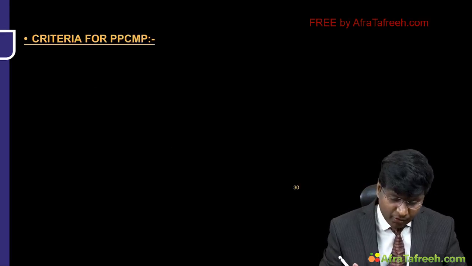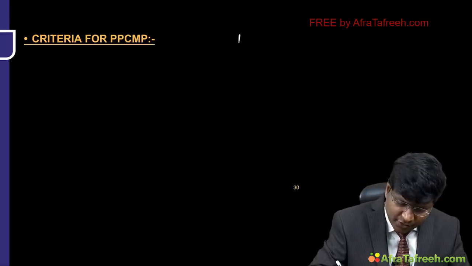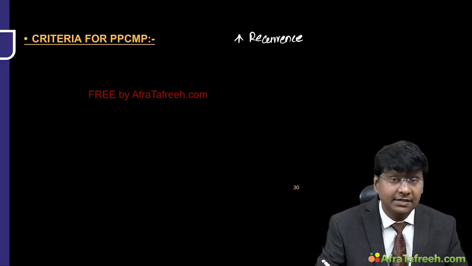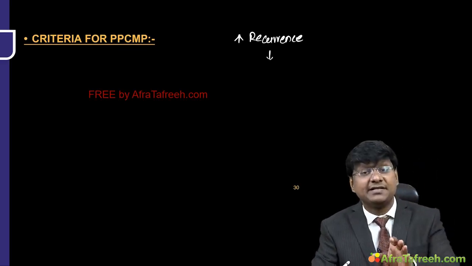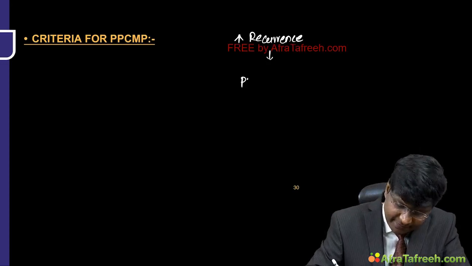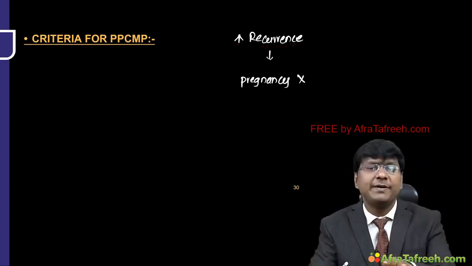Next, what about subsequent pregnancies? See, there is a very high chance of recurrence. Remember, recurrences in subsequent pregnancies are very common. So that is the reason why subsequent pregnancy should be avoided. Okay. When should it be avoided?